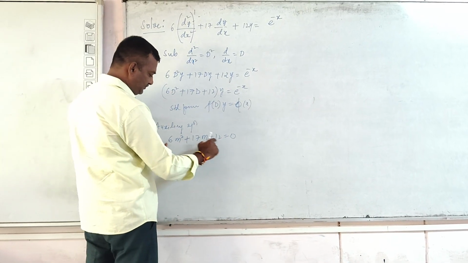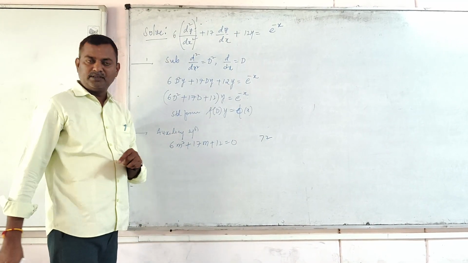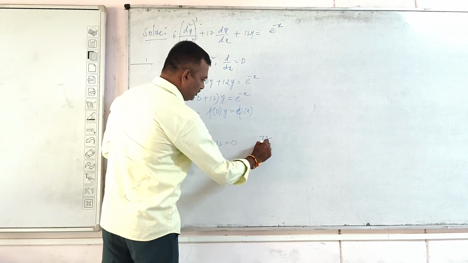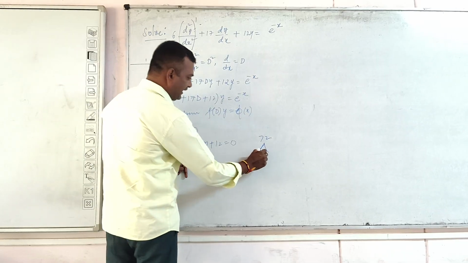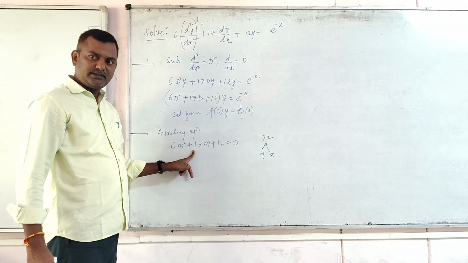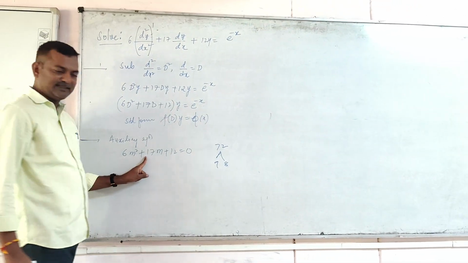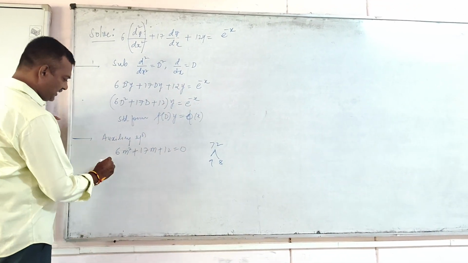12 into 6 is 72. So if you express 72 as 9 into 8, what is 9 into 8? 72. So 72, 9 plus 8 is 17, right? So therefore you can easily factorize.